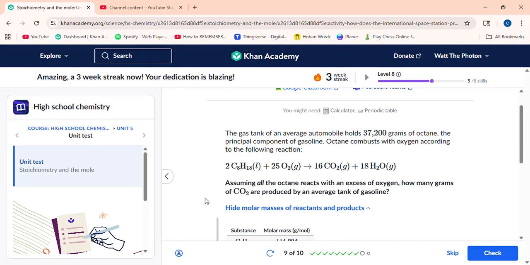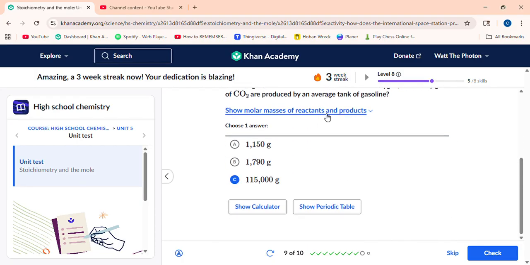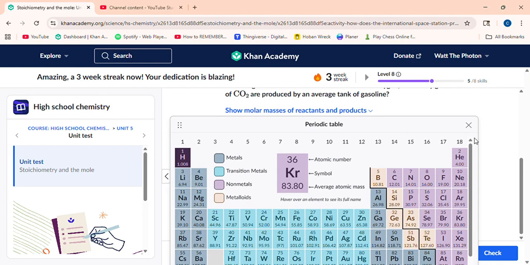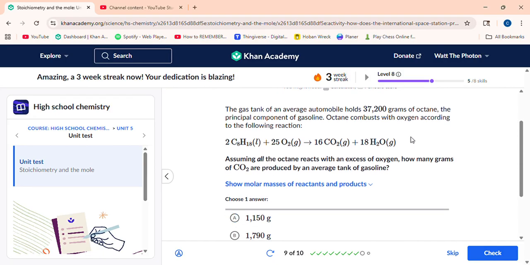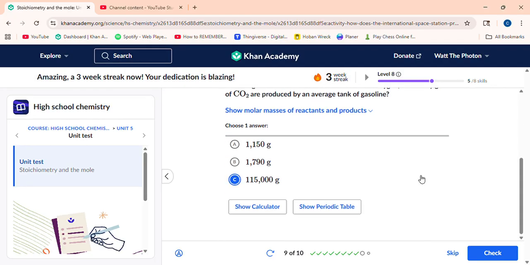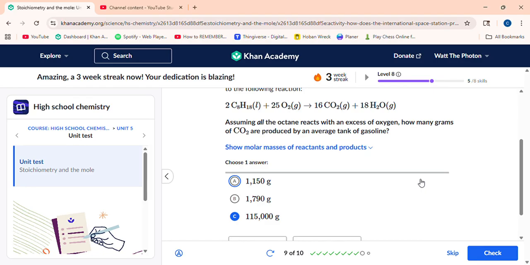Times 2, multiply times carbon's, what, 12-ish. You get 62,000. That sounds about right. And we're talking about oxygen here.